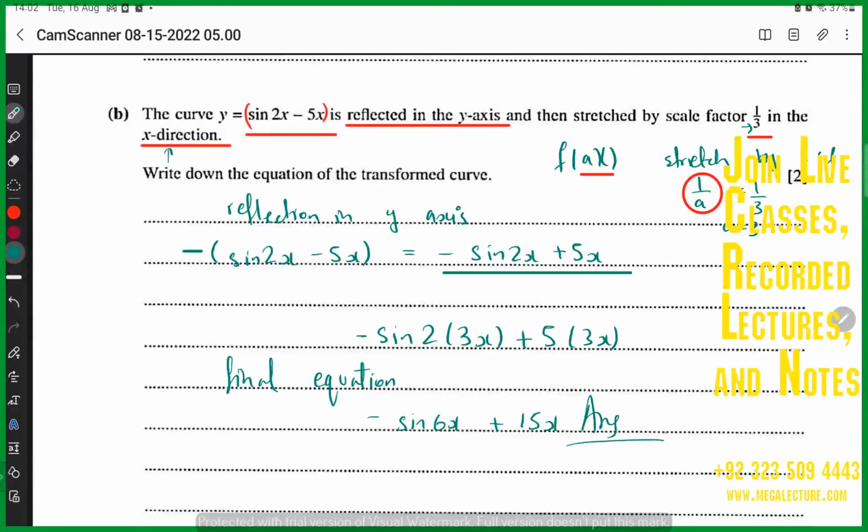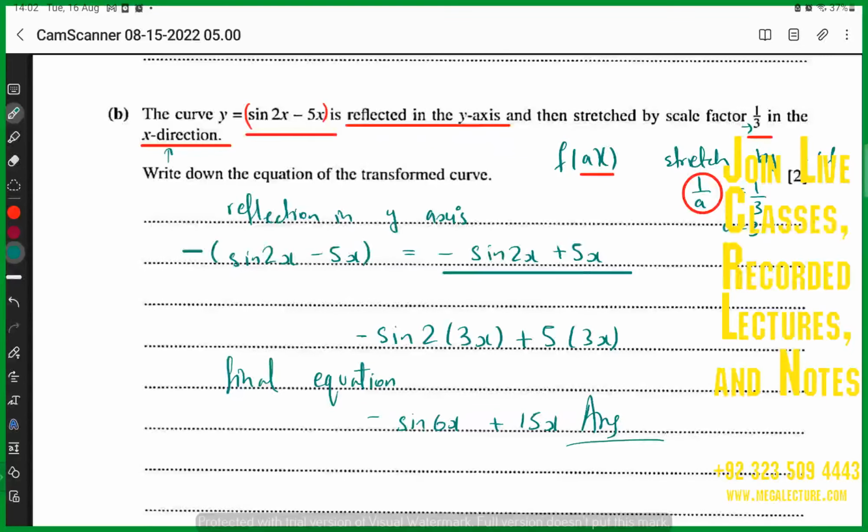Let me explain this again because this is something that you guys must have forgotten by now. This is about the transformations of functions. We know we have stretch, we have reflection, and you guys have studied enlargement as well in O levels, right? We have different transformations. Then we had rotation as well, but that was in O levels. What was happening in case of reflection?